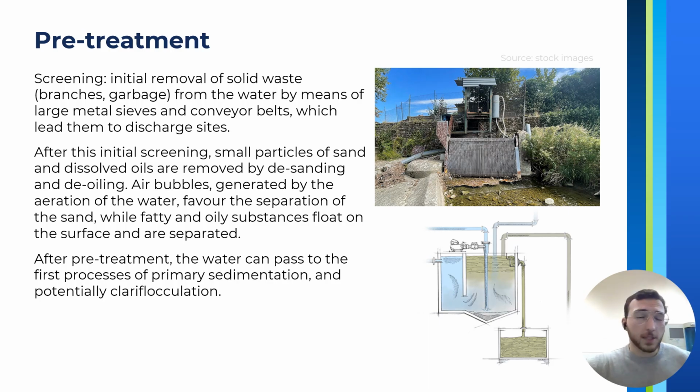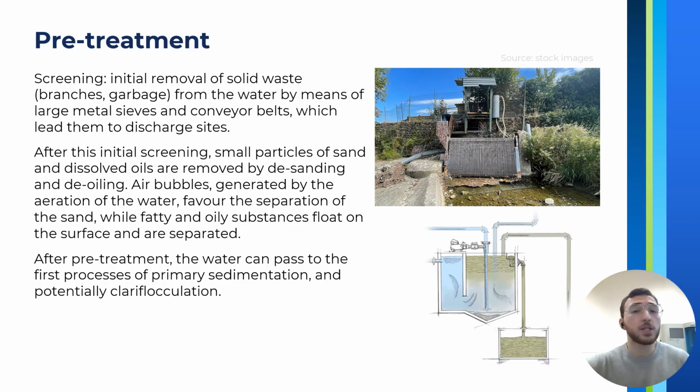The first treatment process that wastewater generally goes through is an initial screening of solid waste and other unwanted materials. This is generally achieved by mechanical means, by means of metal sieves and conveyor belts, leading the waste away for disposal. After this initial screening of macroscopic solid waste, such as branches and leaves and other solid material, smaller particles, such as sand particles, are removed by desanding. Desanding is achieved by aeration of the water and generation of air bubbles, which favor the separation of the sand from the water.